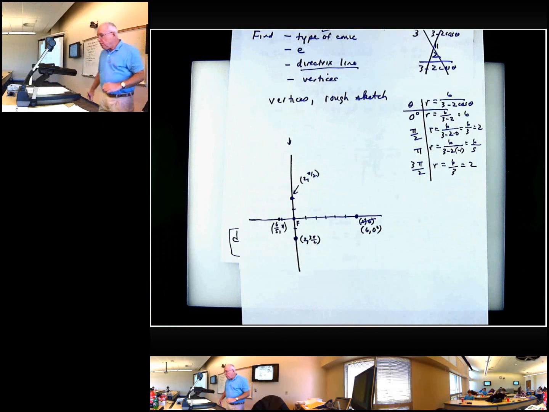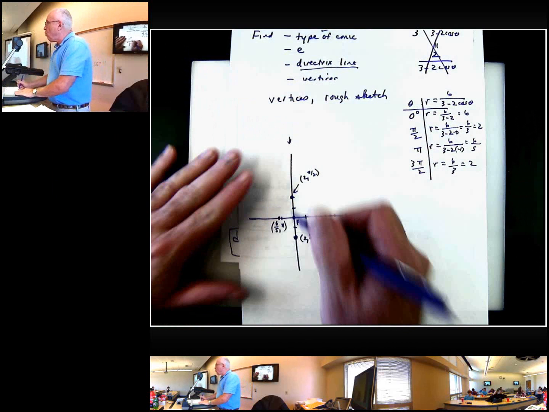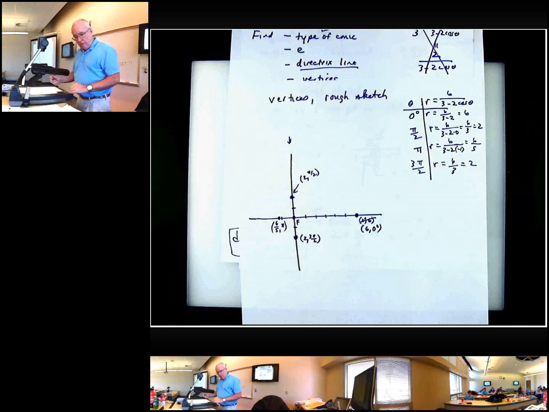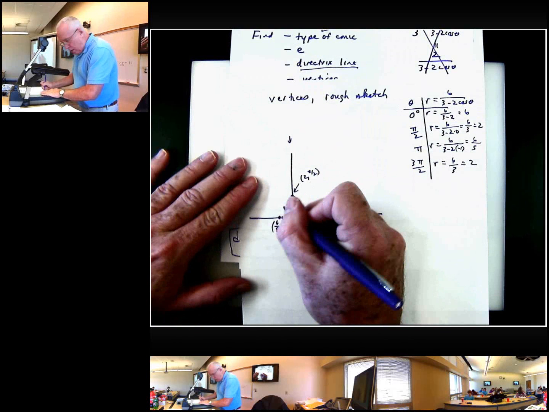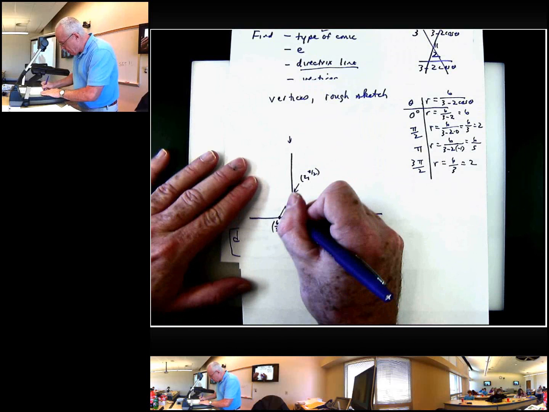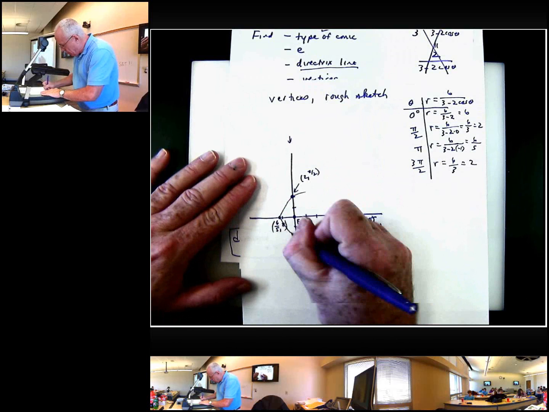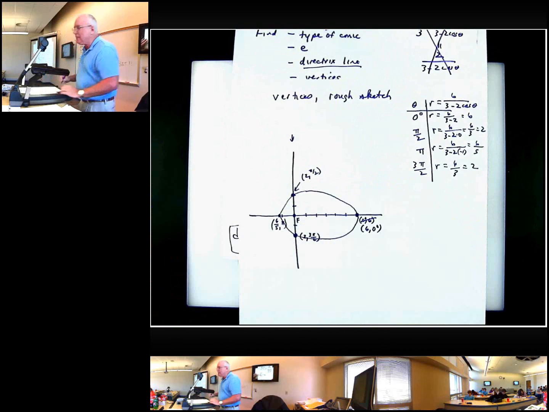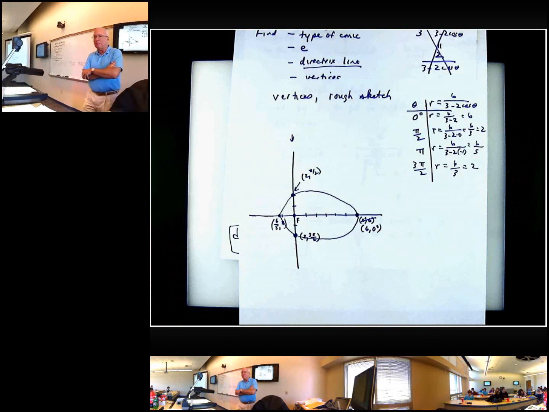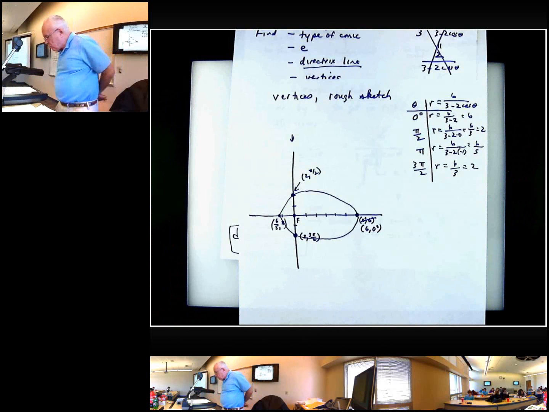Actually, what we've done here is kind of like the 4 main points of our ellipse. If we try to make our best effort and join these with something that vaguely resembles an ellipse, this is what we have.